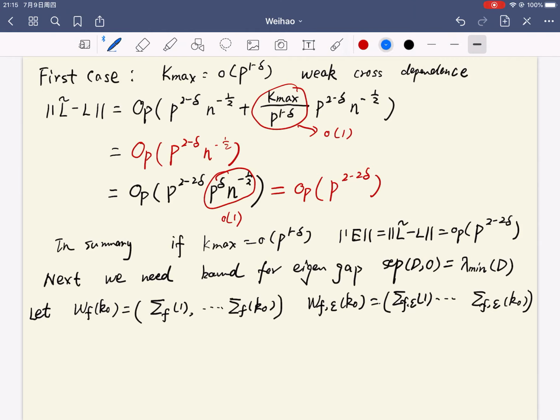So for the first one, it belongs to R by RK0. And the second is R by K0 times P.